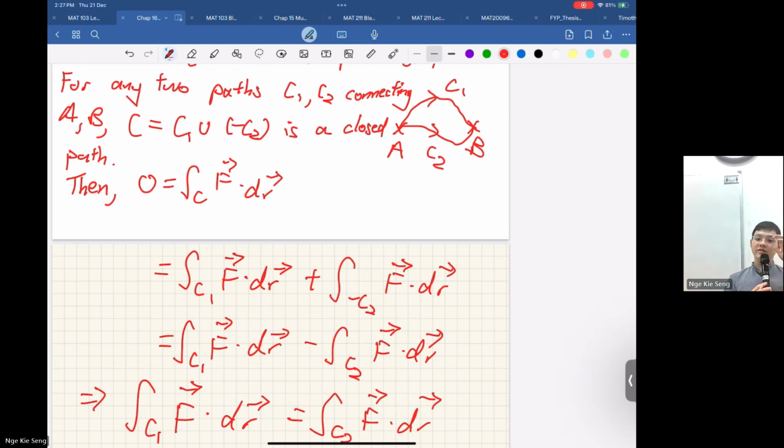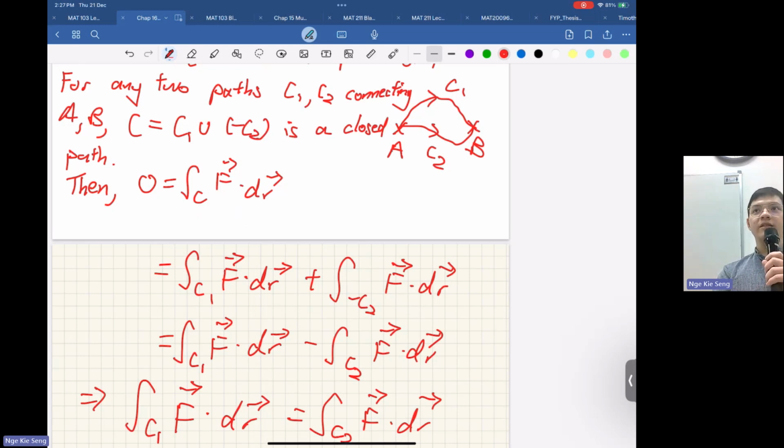So this proof is very important for your exam. You must understand this. Any question on the proof? I think it's quite straightforward, right?